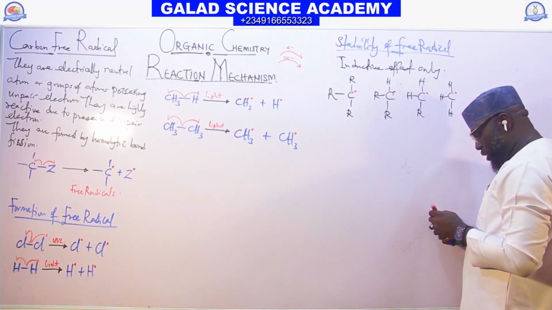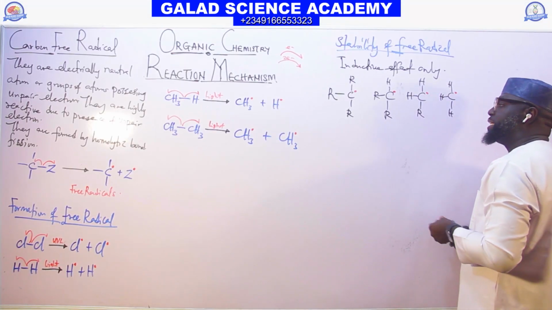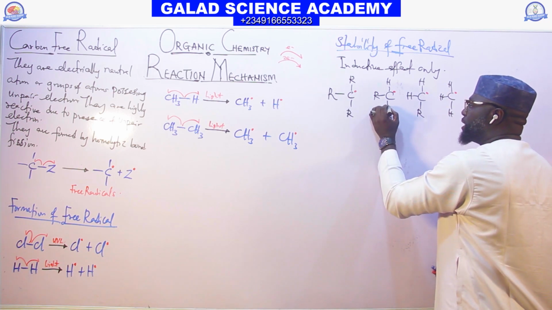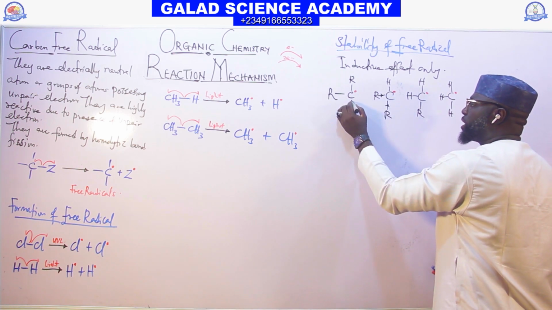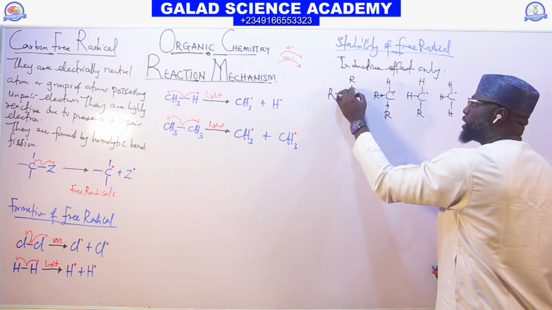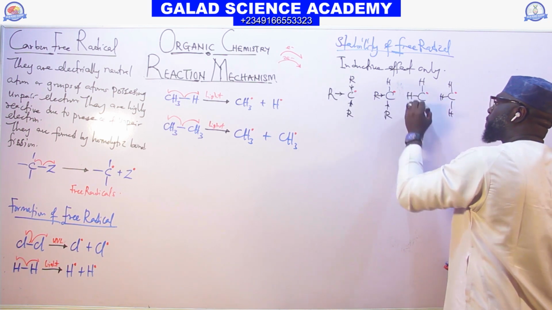The dot tells us that they are radicals. Let me show you their electron releasing: they release electrons to the carbon.